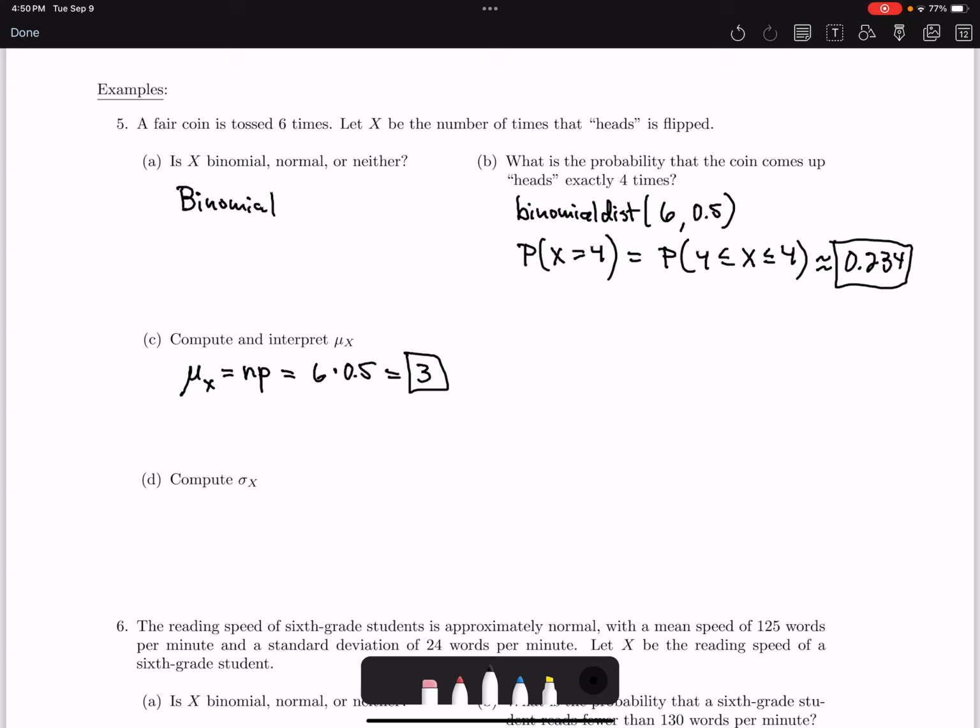The interpretation would be that we expect to flip heads 3 times. If we toss a fair coin 6 times, we expect it to come up heads 3 times, right? Out of our 6 flips, we expect to get heads 3 times.